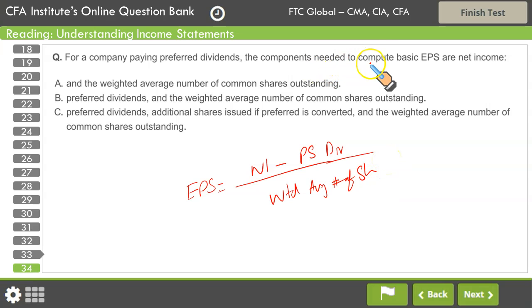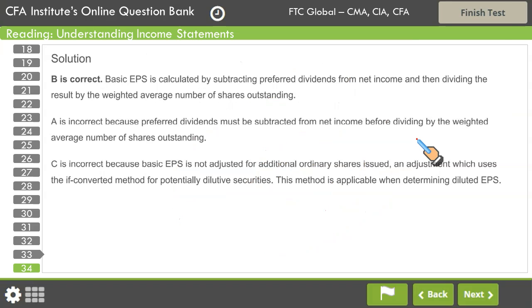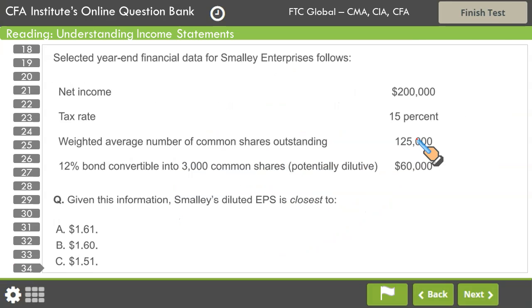So the components needed to compute basic earnings per share are net income, yes. Weighted average number of common shares outstanding, yes. But this is not all. We need the preferred stock dividend as well. Preferred dividend, yes. Weighted average number of shares outstanding, yes. And you have all you need to calculate your EPS, and that makes B the correct option.